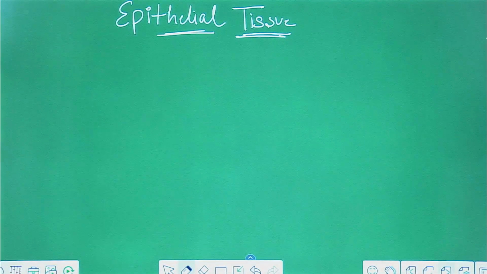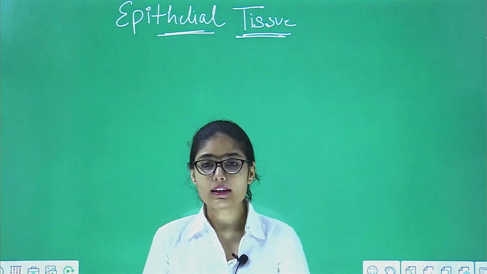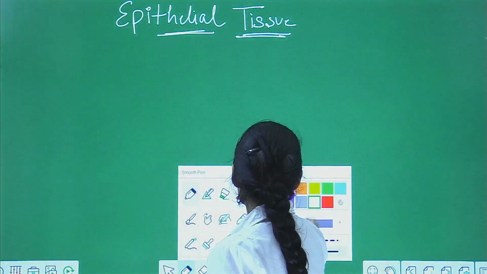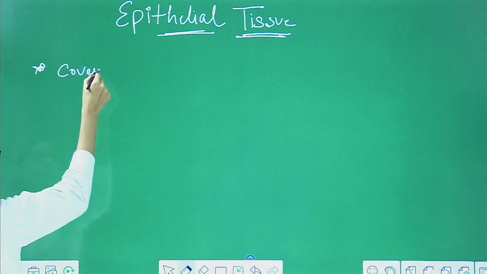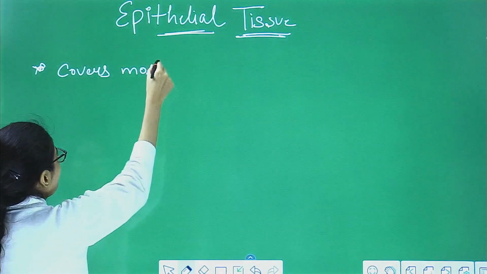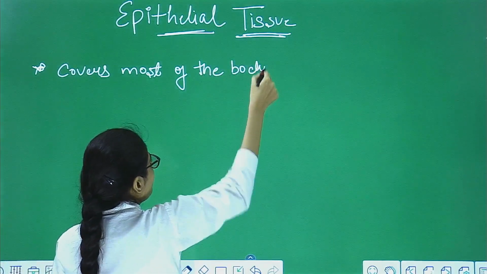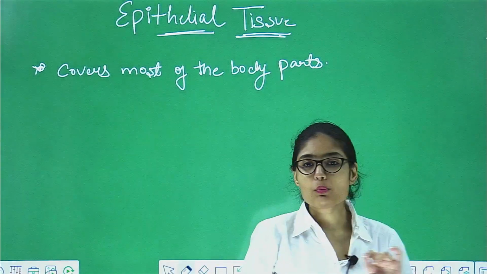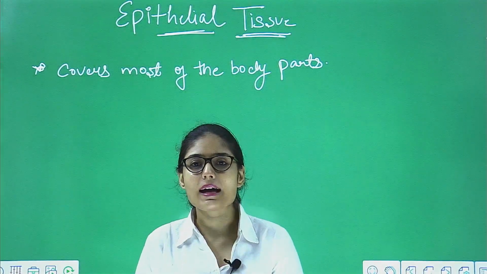Yes, now the first one is the epithelial tissue. Now it covers most of the body parts. Okay, what it does, it covers most of the body parts. And one more very important thing, that it is very closely packed.